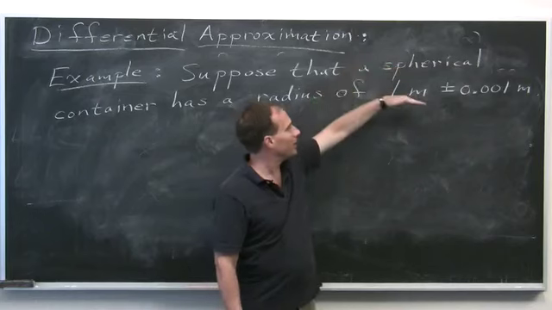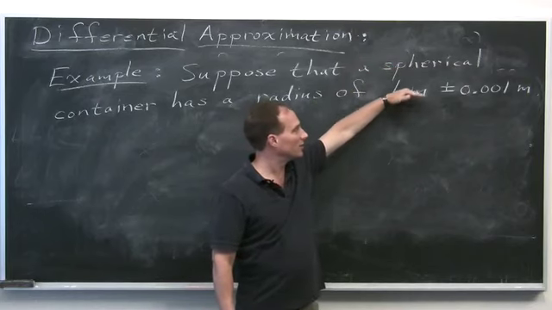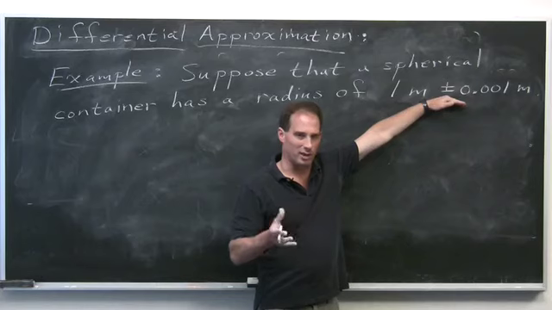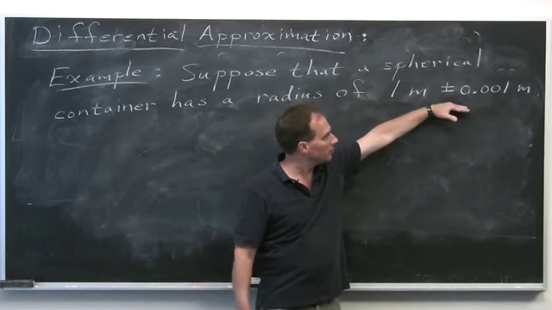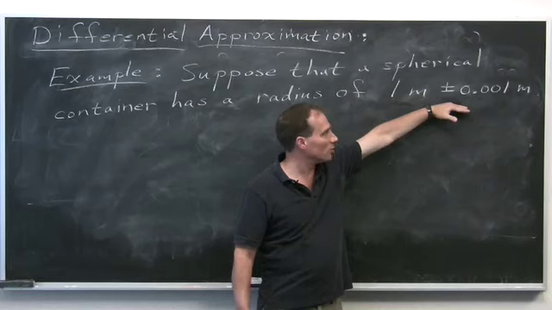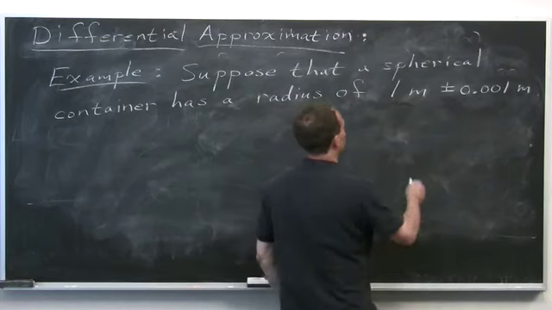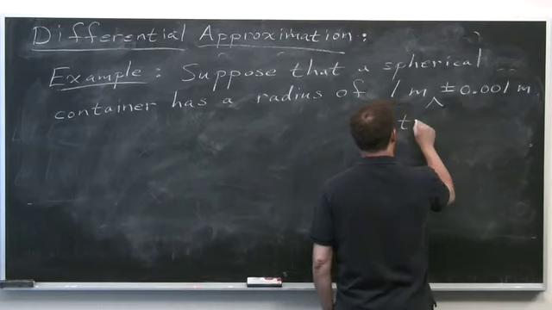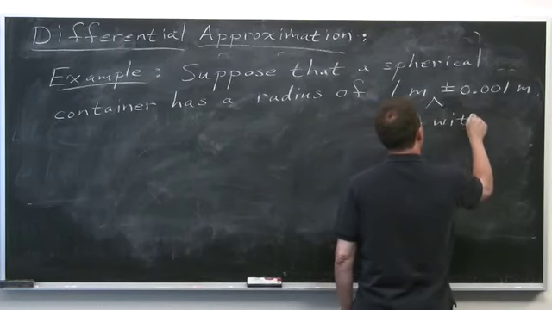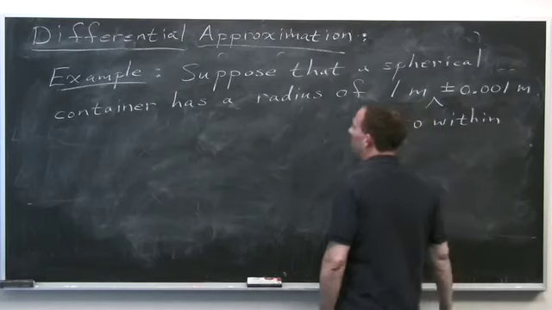So this is the way people write measurements. They mean that, yeah, I measured it as being this, but I'm only sure of my measurement to within plus or minus 0.001 meters. All right.